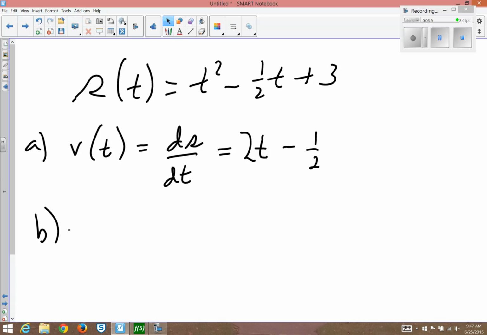Part B says find the acceleration a of t. That means the derivative of the velocity with respect to t, time. The derivative of the velocity with respect to t is 2, because the derivative of 2t is 2, and the derivative of a constant is 0.